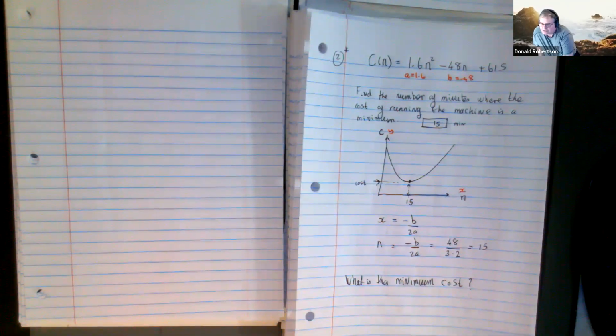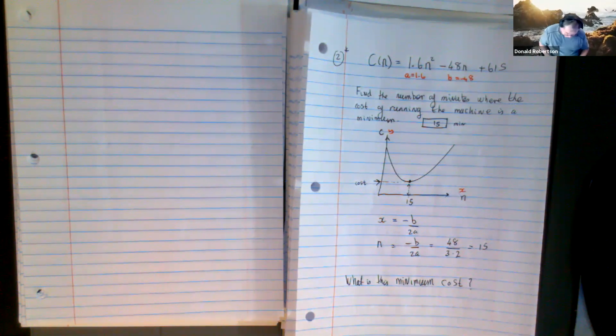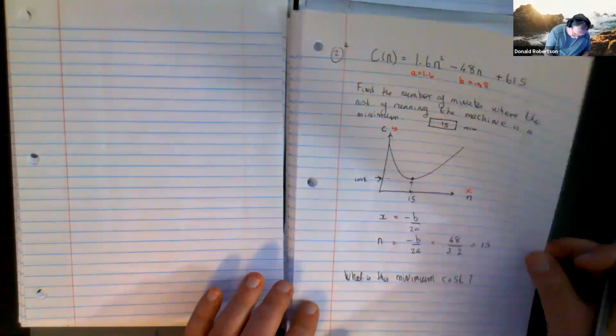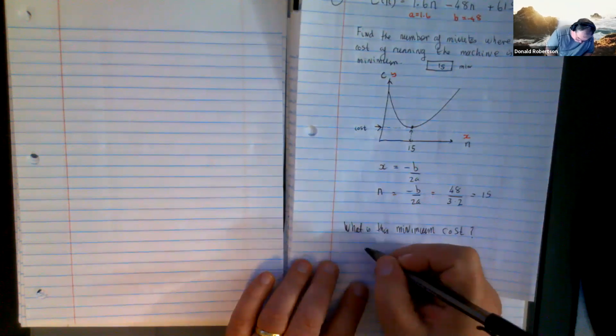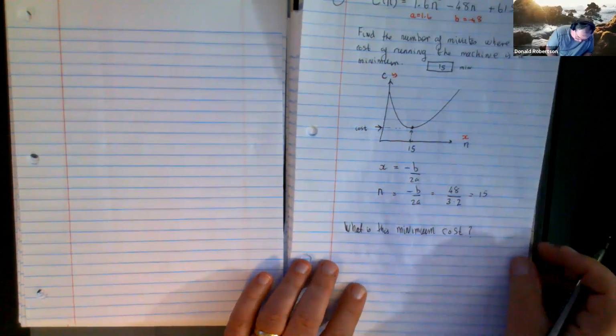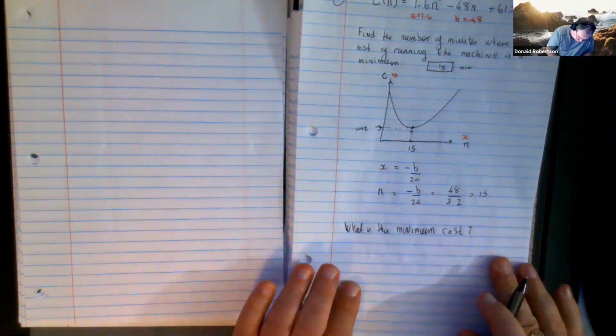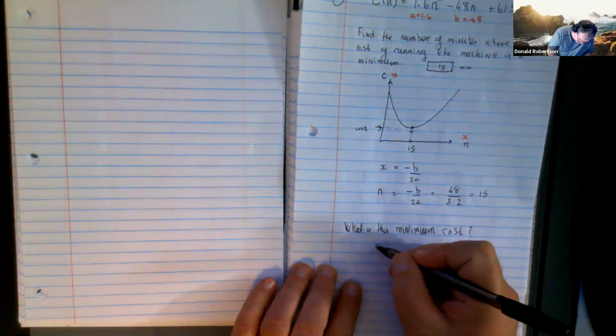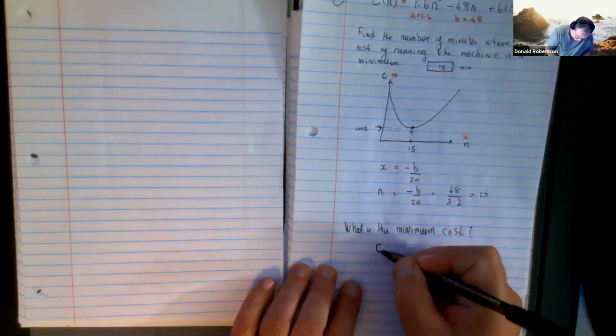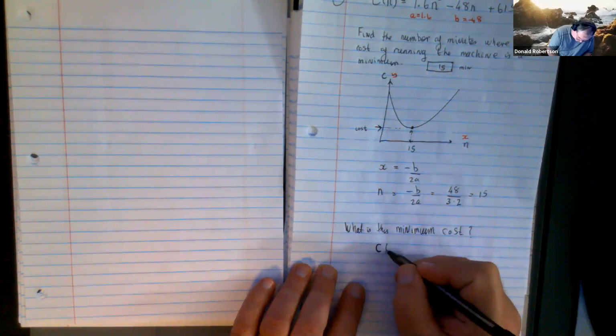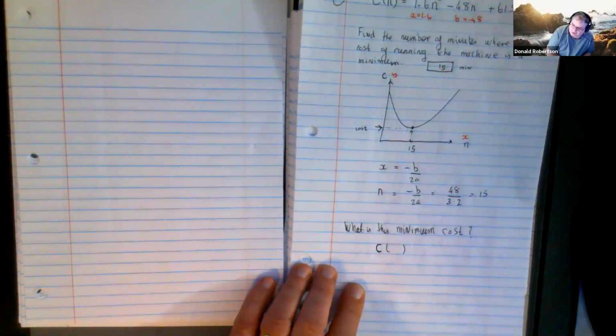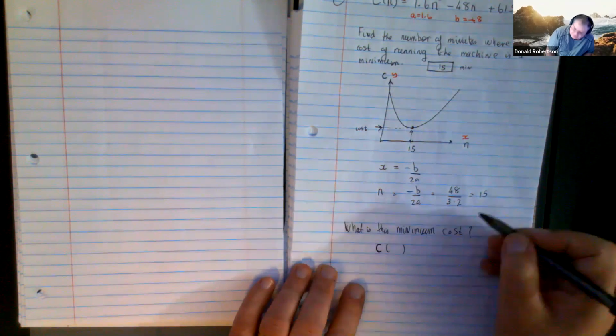There's a little clue. Can you see the cost? Well, I guess you'd call it the y coordinate. How do I find the minimum cost? Another chance. Minimum cost at 15.